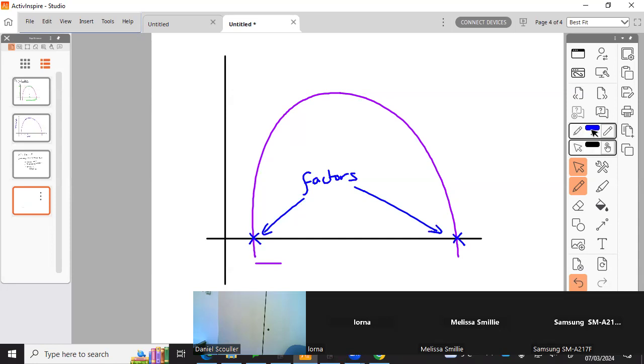We also looked at something called completing the square. Now what that does is allows us to find the turning point.